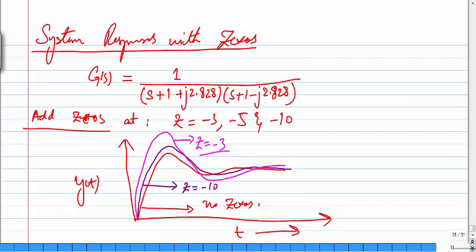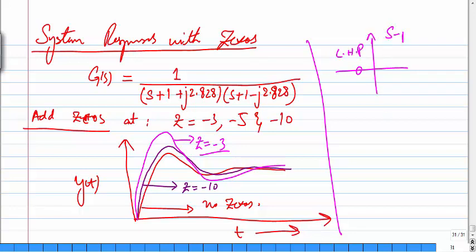Now the interesting thing that we need to know is the response of the 0. There are two possibilities when you add a 0: either a 0 in the left half plane, so I am talking about the S plane, or a 0 in the right half plane.